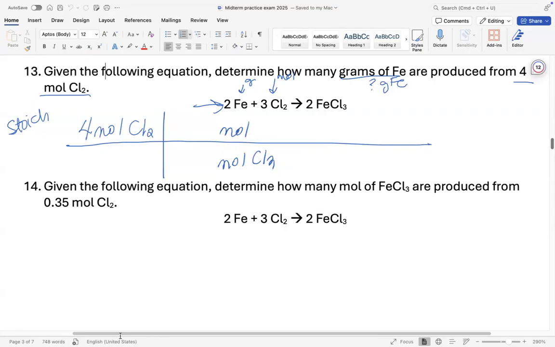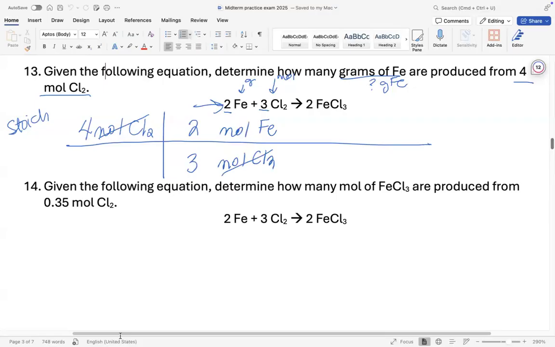So in this case, iron. Now I need to figure out what their relationship is, and that's going to come from the coefficients of the balanced equation. So 2 moles of iron for every 3 moles of chlorine. All right, so now I'm out of moles of chlorine and into moles of iron.